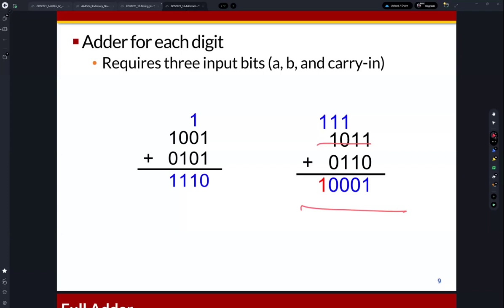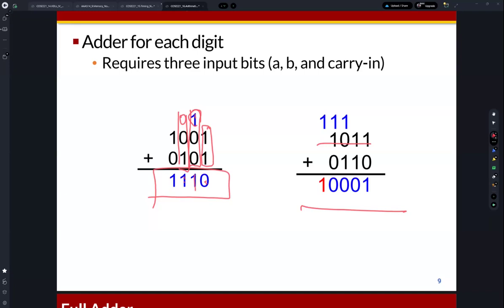But how can we calculate the sum of multi-bit binary numbers? As I mentioned, we start from the LSB. We first calculate the sum and carry, and then using this carry, we calculate the next digit, and so on. So what can you observe?